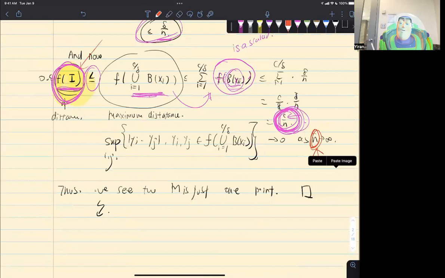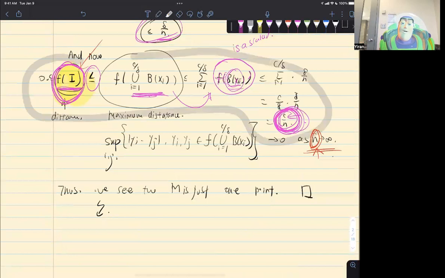And that means for every n, if this inequality holds for every n in the natural numbers, then it must mean |I| is equal to 0. |I| equal to 0 just means the length of I is 0.